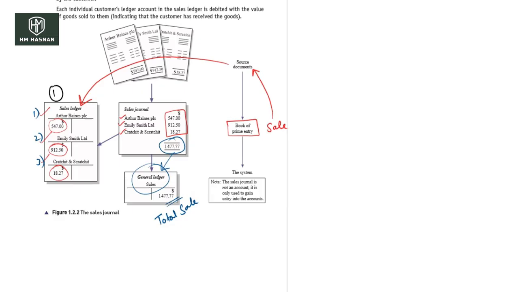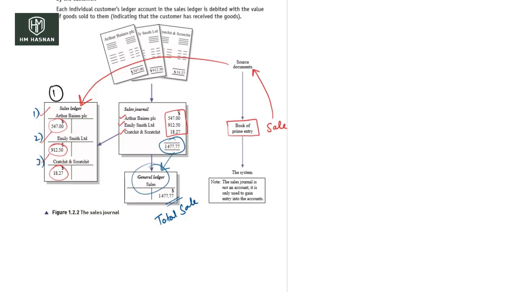If I ask where total sales are recorded, in the sales ledger or in the general sales ledger, you have to say in the general sales ledger. And where do we record the individual sales? You have to say, sir, in the sales ledger. The sales ledger is where we record the individual transactions.